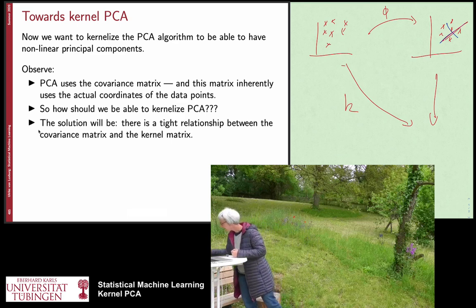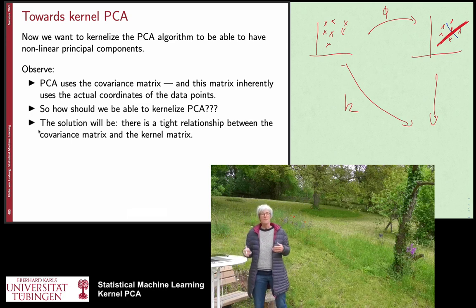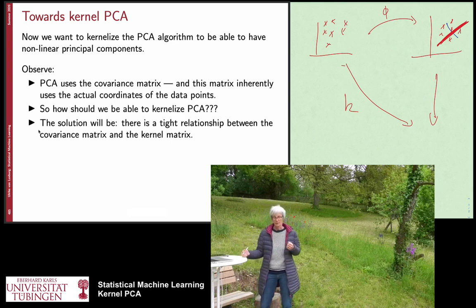Because what do you need to do? For PCA, you need to find the direction of maximum variance. You need to first find this direction, then you need to project to get rid of the other directions.